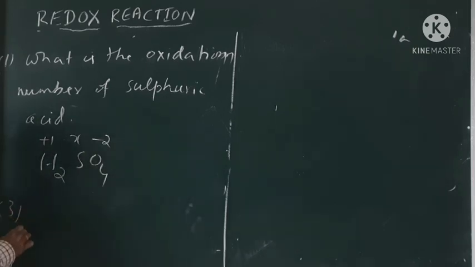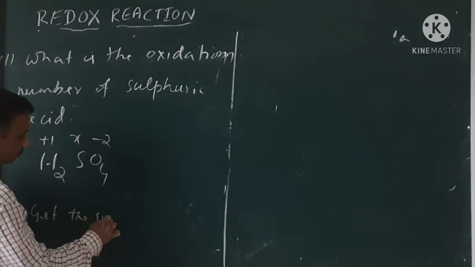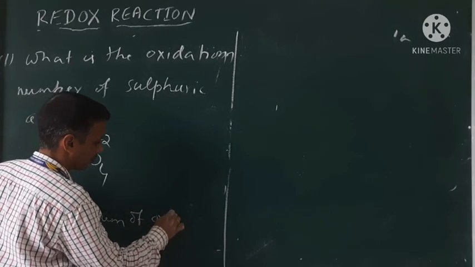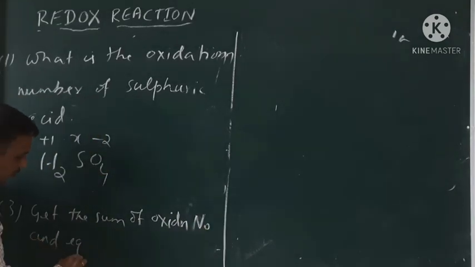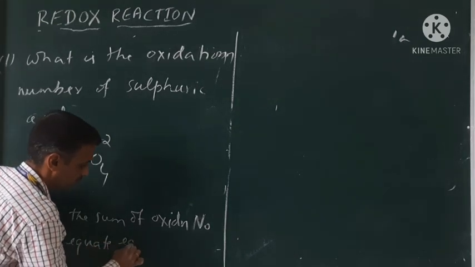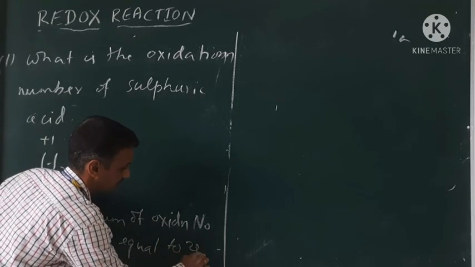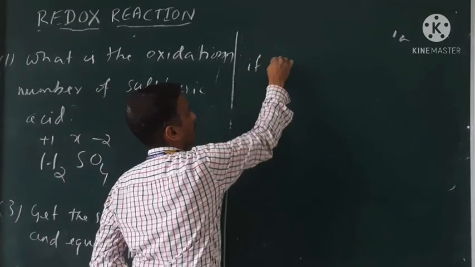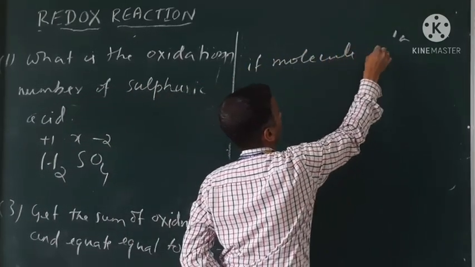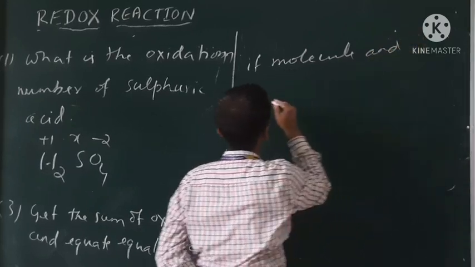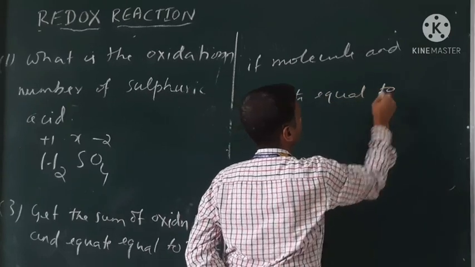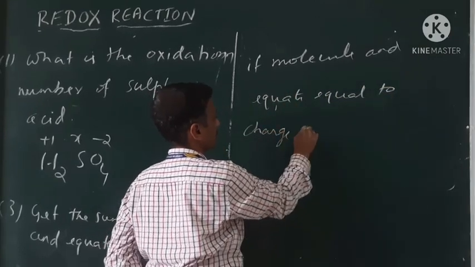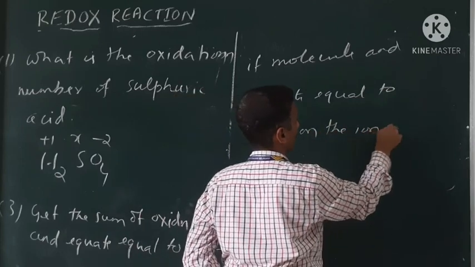Now third, get the sum of the oxidation numbers and equate it to 0 if it is a molecule, and equate it to the charge on the ion if it is an ion.